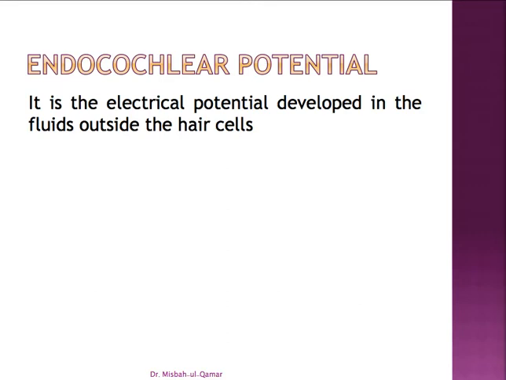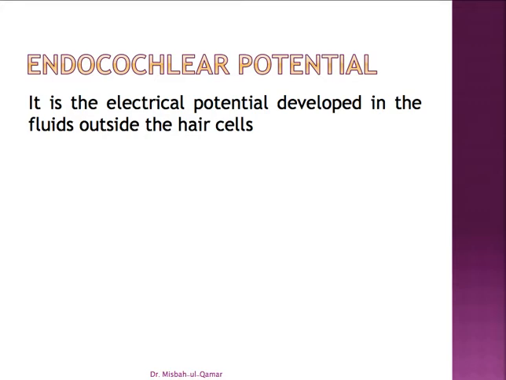And why is there this difference? This difference is basically due to the continuous excretion of potassium ions by the stria vascularis into the scala media, right? So you see that there is a difference between the inside and the outside of the cells.